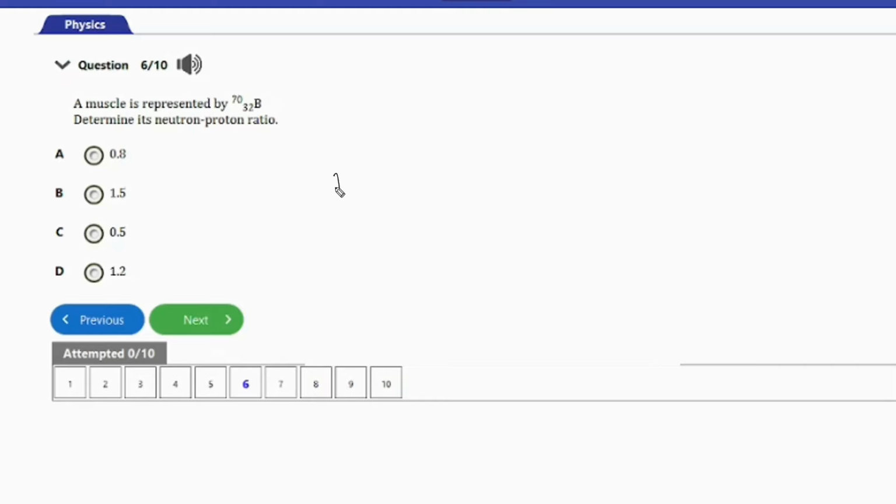So since the atomic mass is 70 here, that means 70 minus 32 will give us the number of neutrons, and that's 38. So the ratio of the neutrons to protons is 38:32. So that will be 38/32, and that's 1.2. So that's option D here. Let's go ahead and consider the next question, guys.